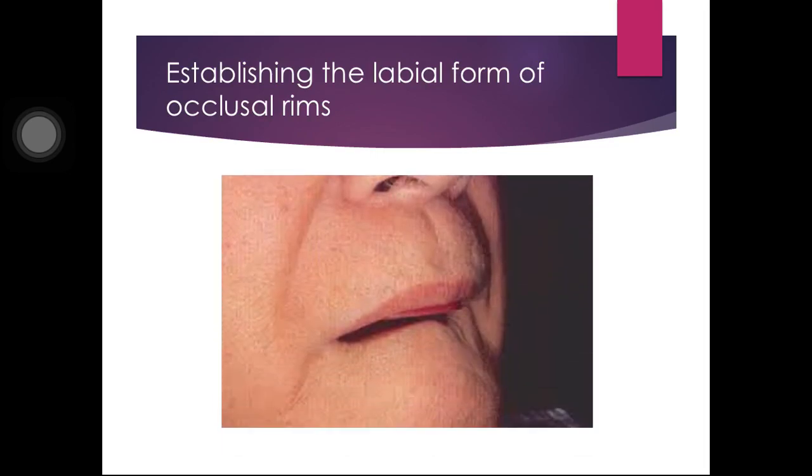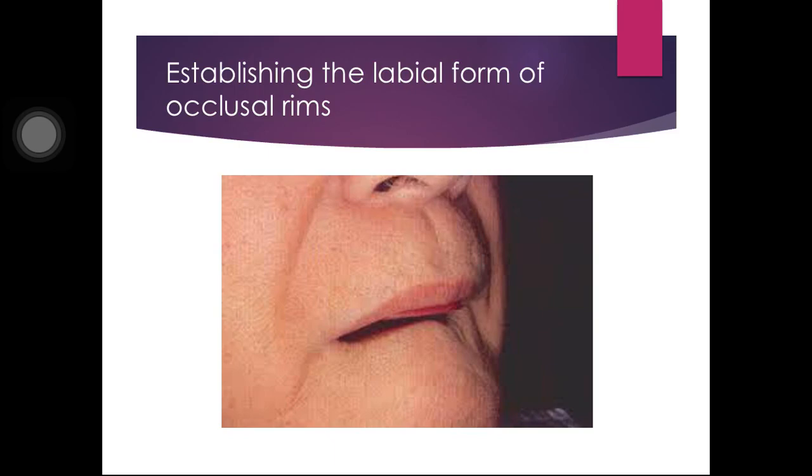Here you can see that the patient has been inserted with a maxillary occlusal rim, and we can see that there is labial fullness of the patient. Anatomically and aesthetically, this does not look accurate or optimum.